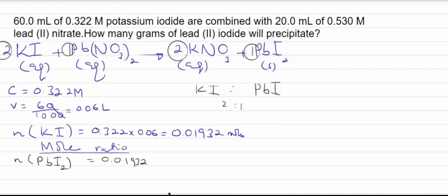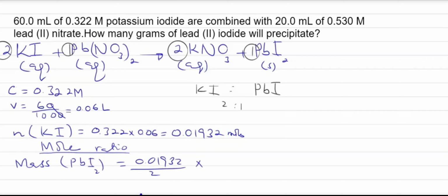We can just do the whole lot in one go, to be honest. We get the mass of lead 2 iodide as moles times the molar mass.